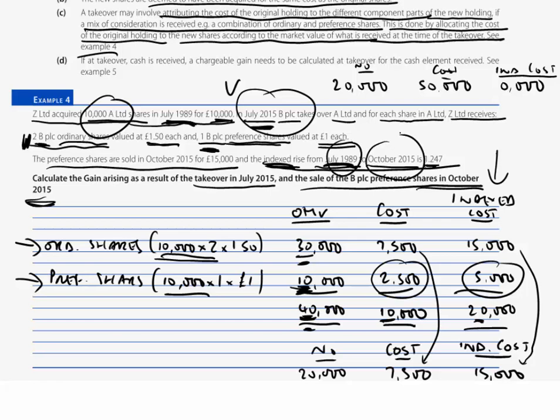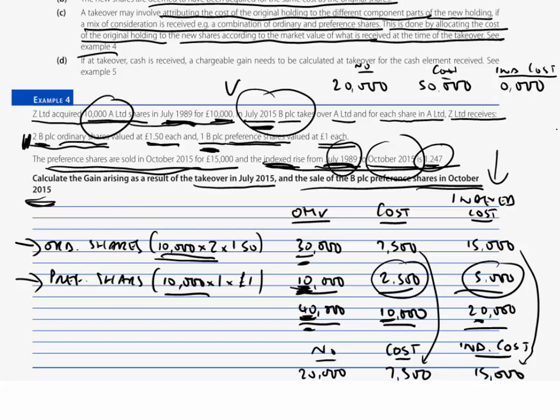What happened in October 15? The preference shares were sold for £15,000, and they tell us there's an indexation factor. Now, the reason why they're doing this, as I say, is to make life easier for us. So what now will be the basis of our gains calculation?